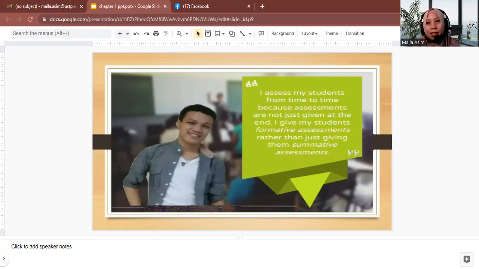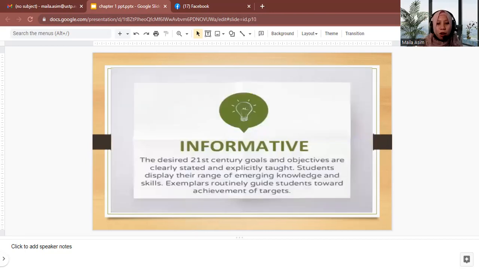So I have ko maghatag og summative exam. So what we are doing in the flexible learning is we are giving you activities from time to time because it is necessary for us to assess you, no, every now and then so that we will know if asa mo dapita weak and asa mo dapita naay strength. Next is informative. So say informative.